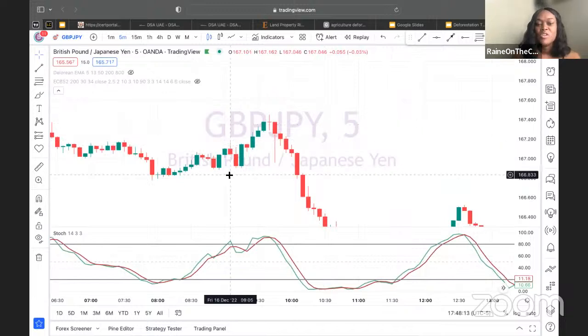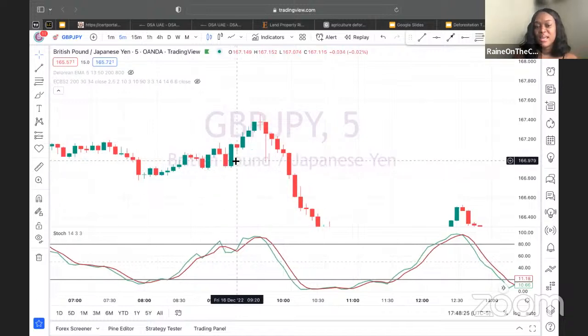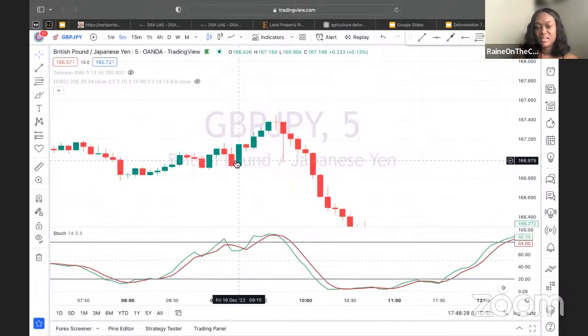All right. So remember that the green candle represents price moving up. So we saw this red candle here. Where did this candle open? Did it open at the top of the body or the bottom of the body?